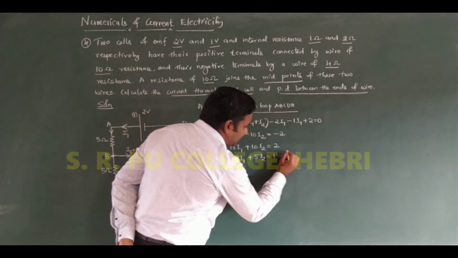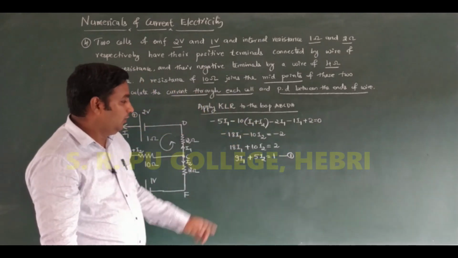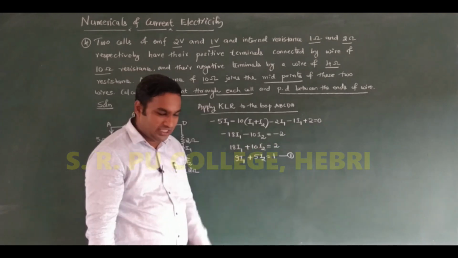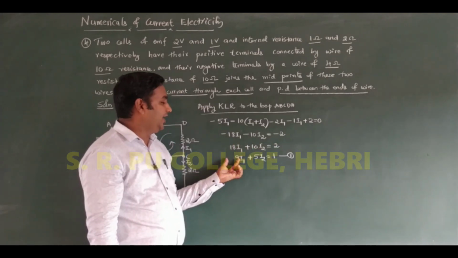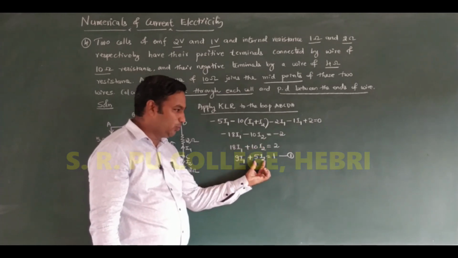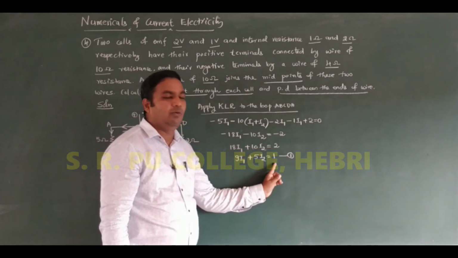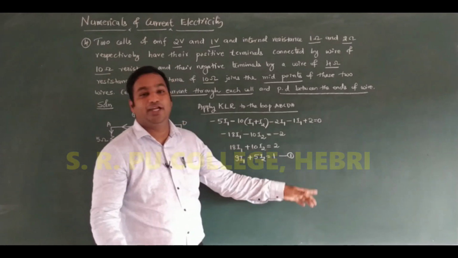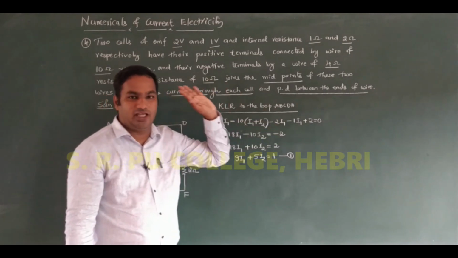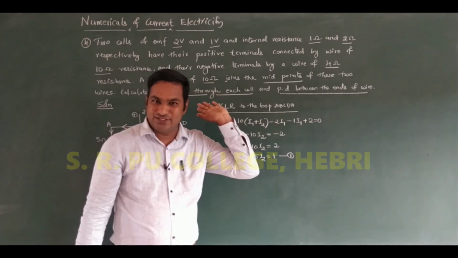I call this equation number 1. What I did is divide 18I1 plus 10I2 equals 2 through by 2: 18 by 2 gave 9I1, 10 by 2 gave 5I2, and 2 by 2 gave 1. I got 9I1 plus 5I2 is equal to 1, equation number 1. Is that clear?